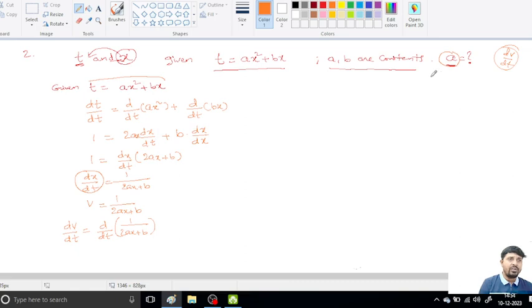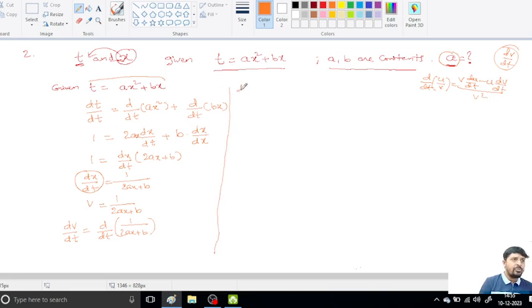You may remember the formula: d by dt of u by v is equal to v du by dt minus u dv by dt, over v square. So I am solving it here.